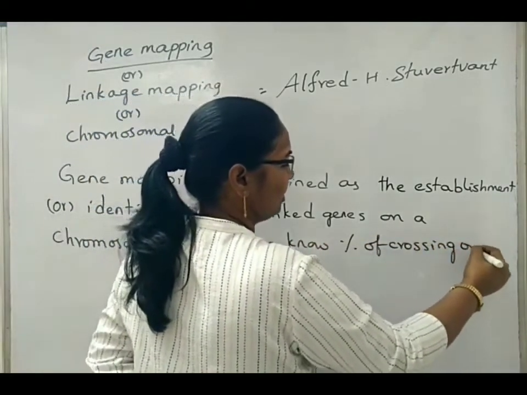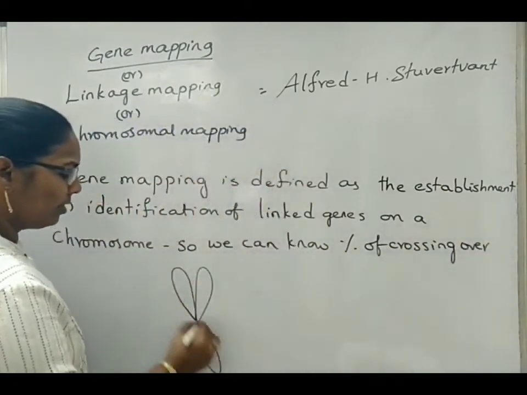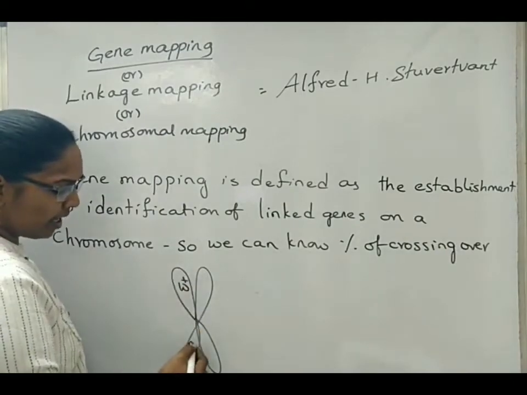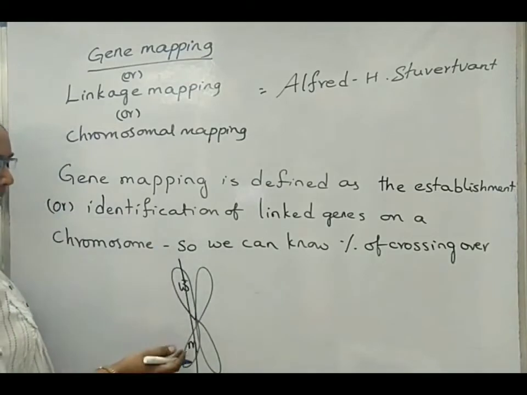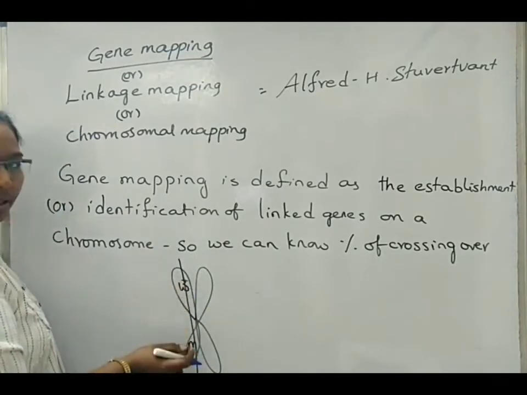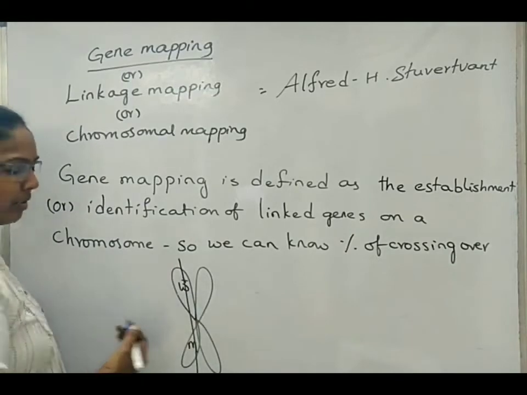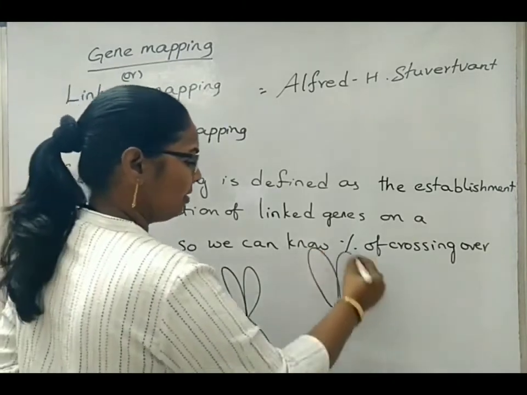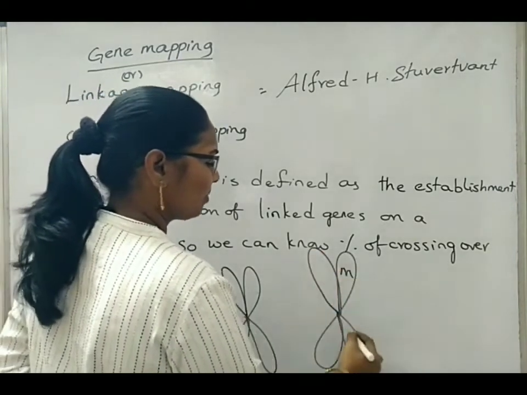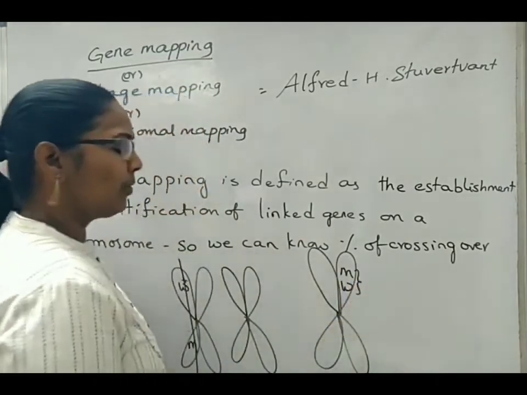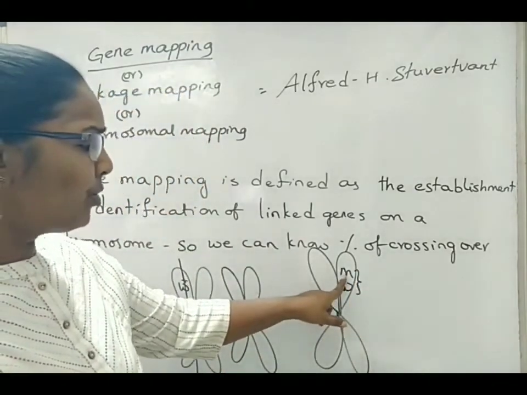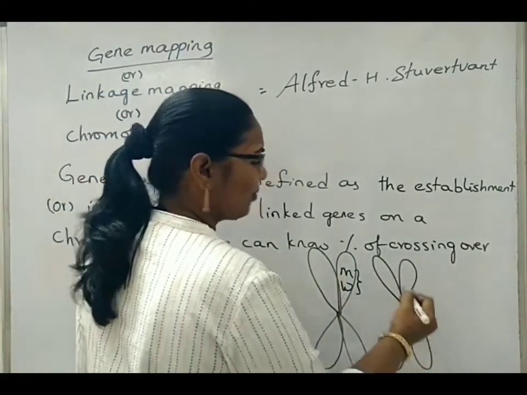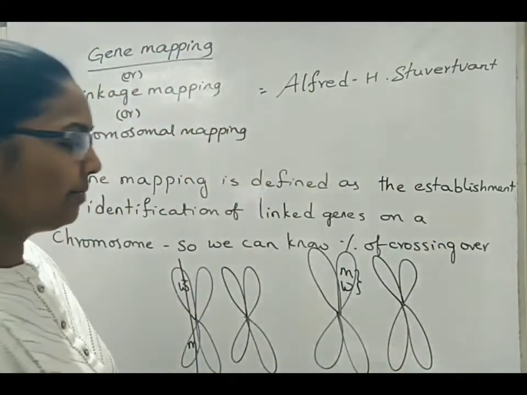What does it mean? We already learned about linked genes. If one type of allele is present on the chromosome and another type of allele is present, then the distance between the linked genes here is more, so there is more chance of crossing over with the help of the homologous pair of chromosomes. Now, if I write another pair of homologous chromosomes, here the distance between the alleles on the loci of the chromosome is very less, so there is very little chance of crossing over with the help of the homologous pair.